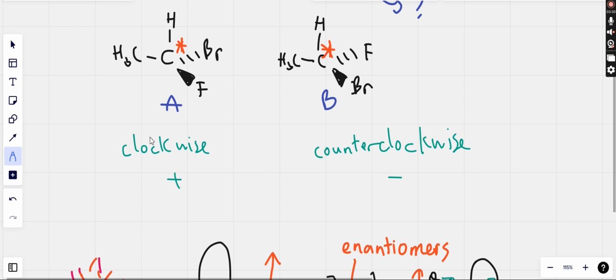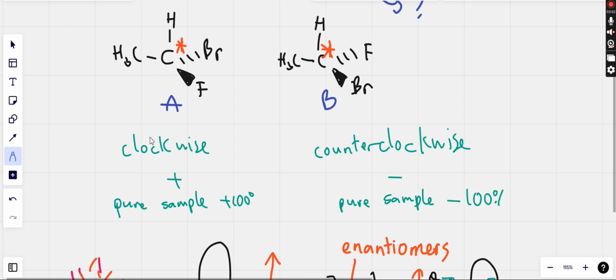So let's say I have a pure sample of A, and let's say it rotates by 100 degrees. Then a pure sample of B will rotate negative 100 degrees.